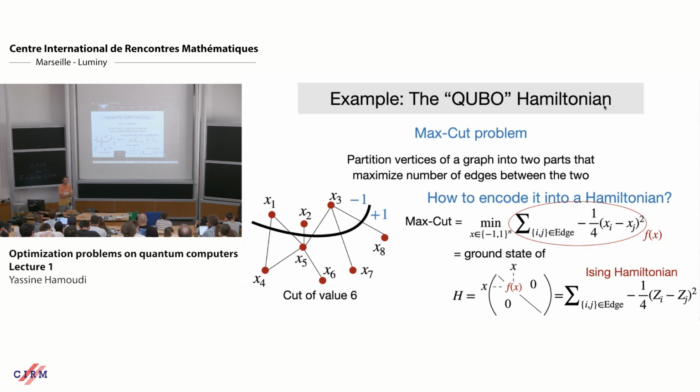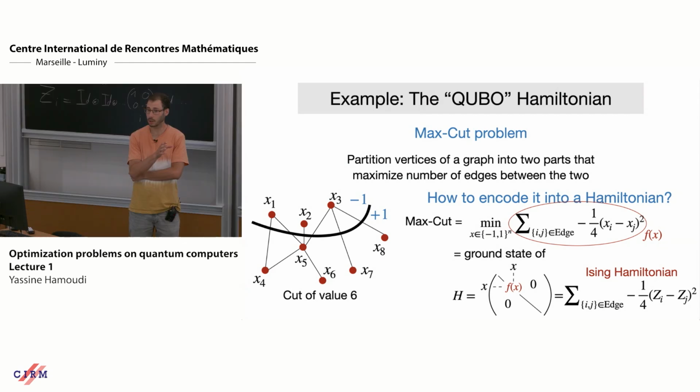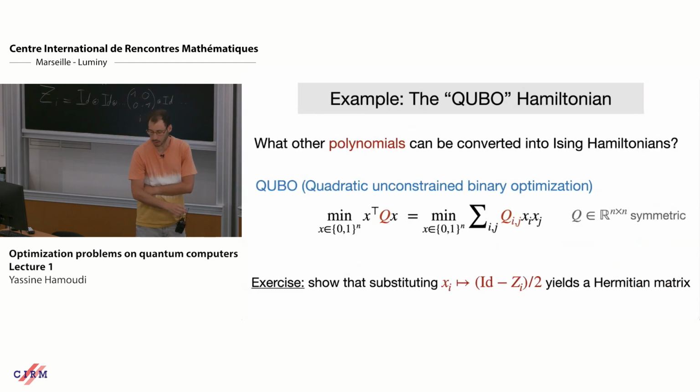So what does it show? It shows that if you want to solve max cut, you could just consider that particular Hamiltonian and try to find its ground state. And if you could do it efficiently, you would have a solution to the max cut problem. This kind of Hamiltonian encoding is actually a very general way of performing optimization.